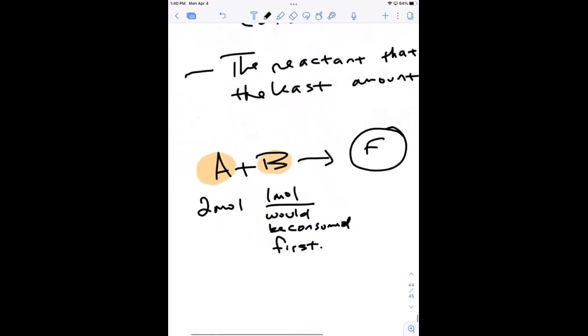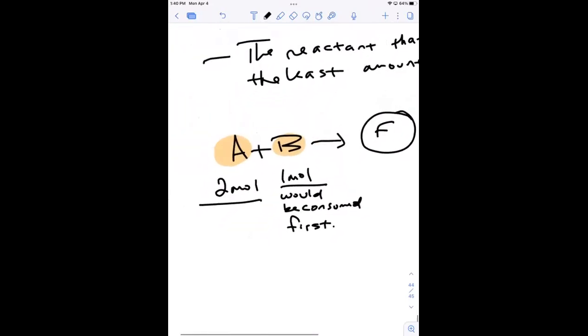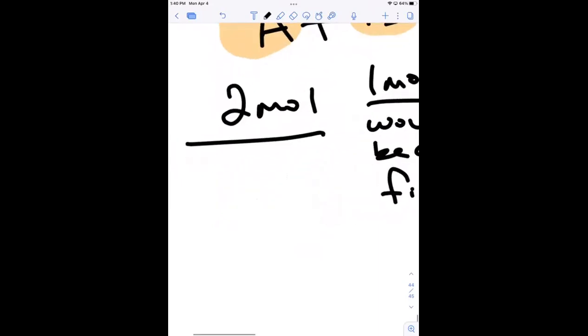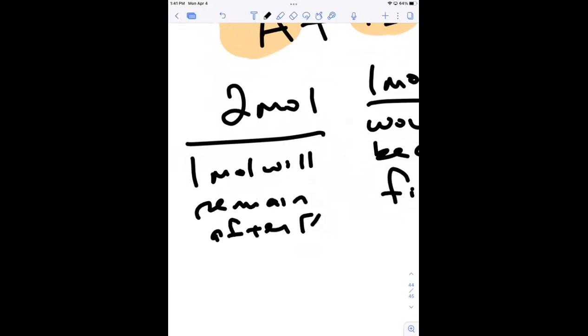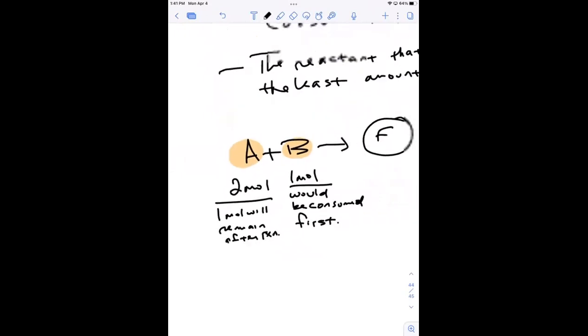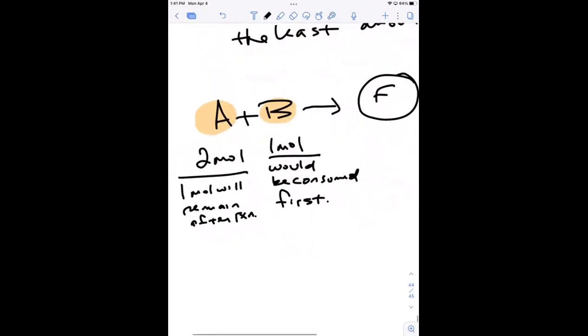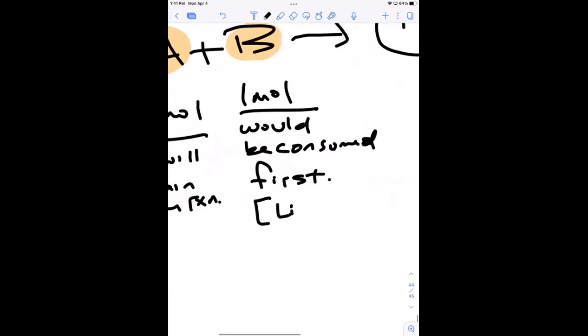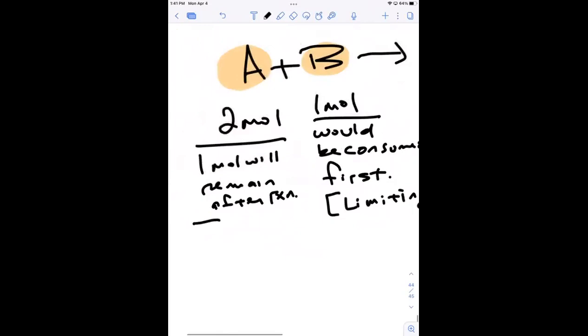That's going to get consumed first because there are 2 moles of A here. After the reaction, there'll be 1 mole remaining. So B would be considered limiting, and A would be considered excess. So limiting and excess, those are two terms that go together.